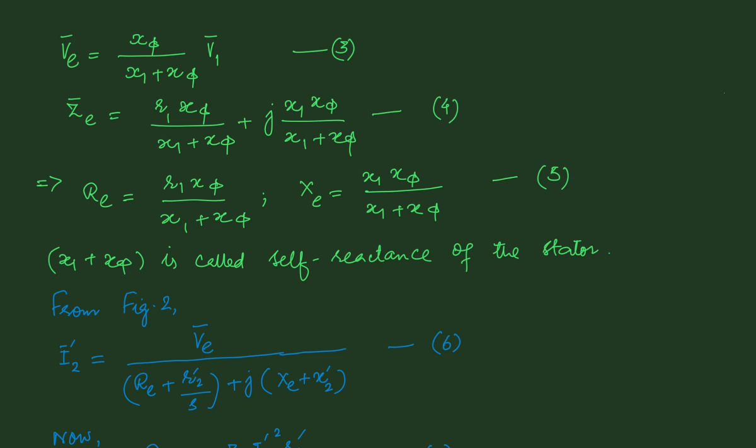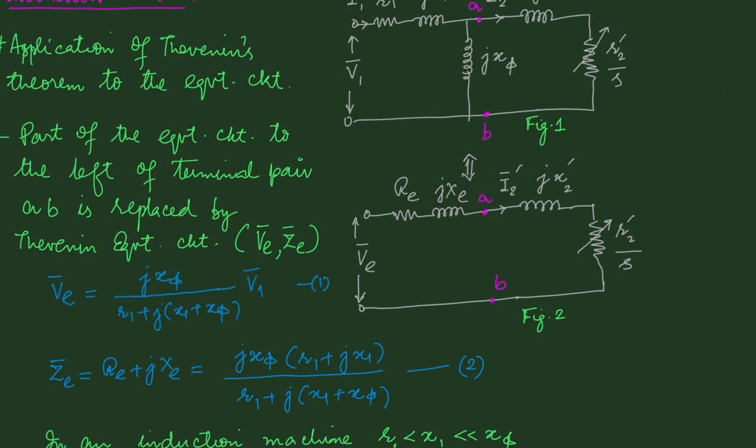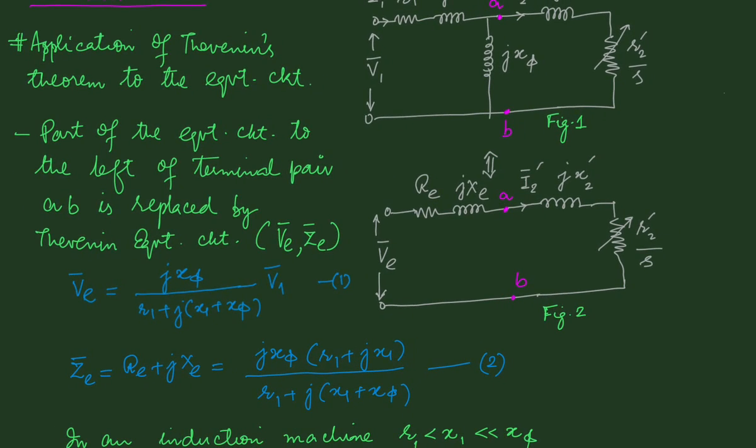Now, if we refer to figure 2, we can write an expression for the rotor current I2 prime. Here, I2 prime will be given by VE divided by the impedance of this loop, which will be equal to RE plus R2 prime by S plus j times XE plus X2 prime.